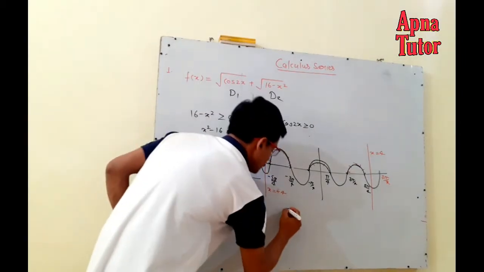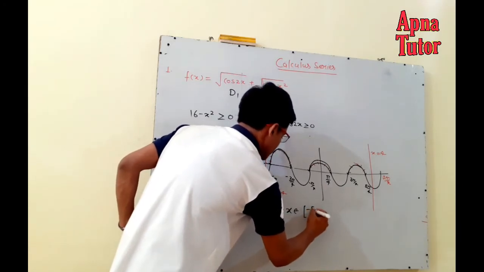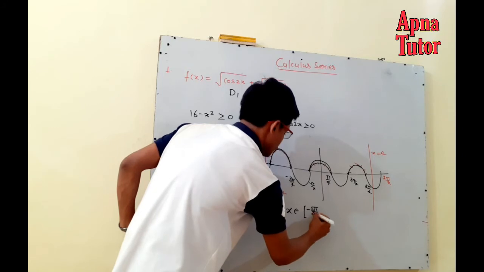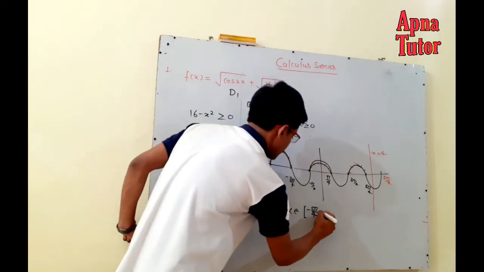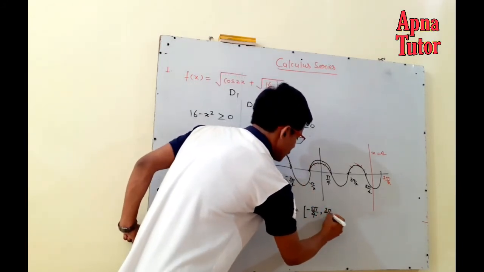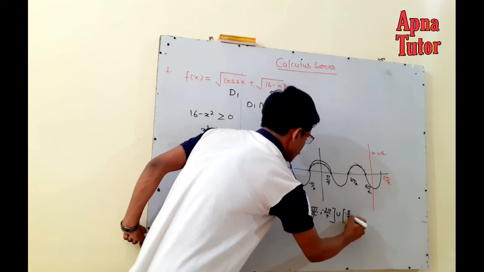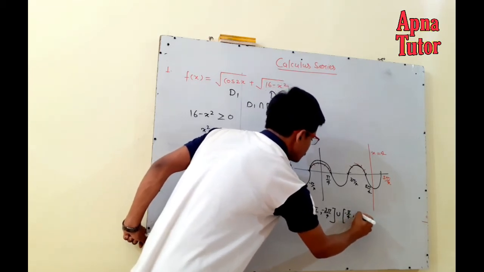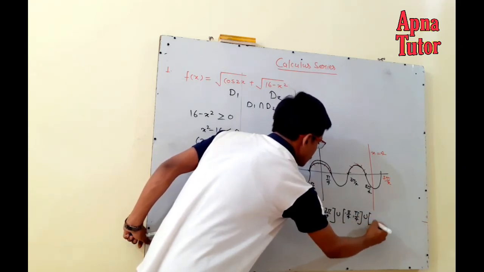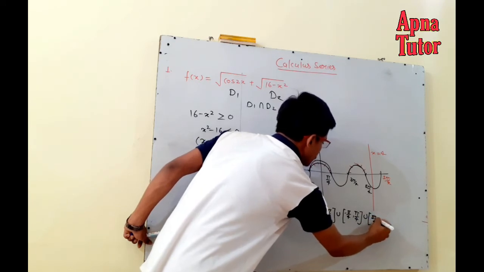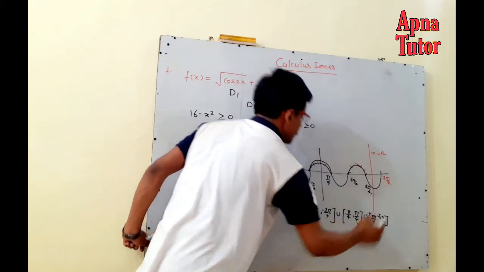So the domain of your entire function will be x belongs to minus 5 pi by 4, this must be greater than or equal to 0, so we can include this point also, to minus 3 pi by 4, union minus pi by 4 to pi by 4, union 3 pi by 4 to 5 pi by 4.